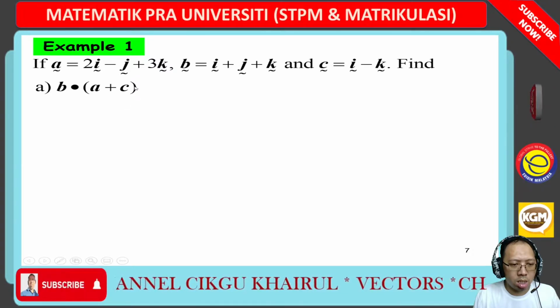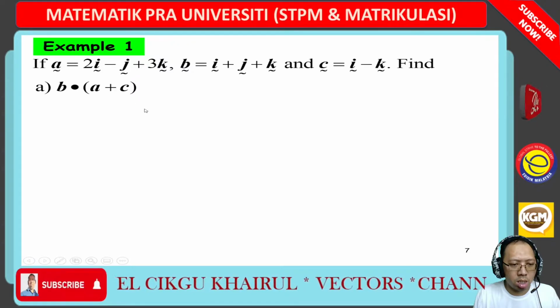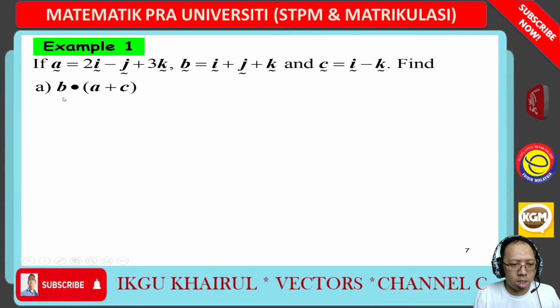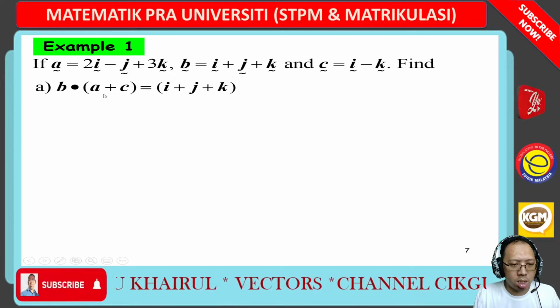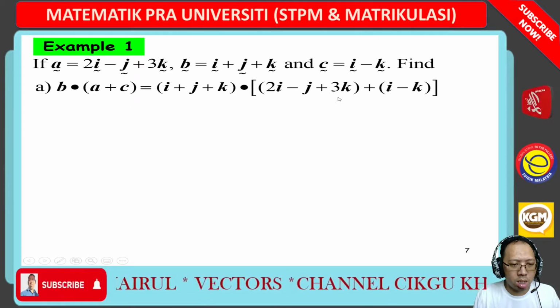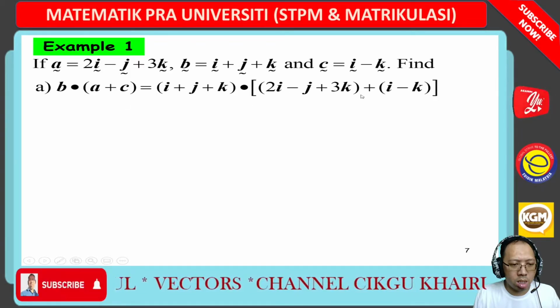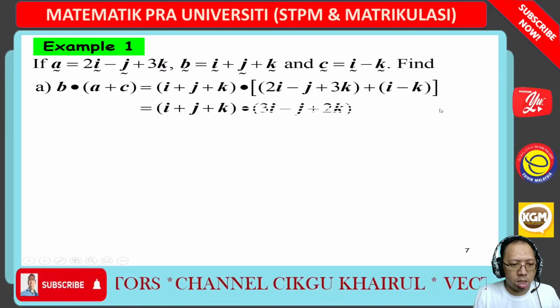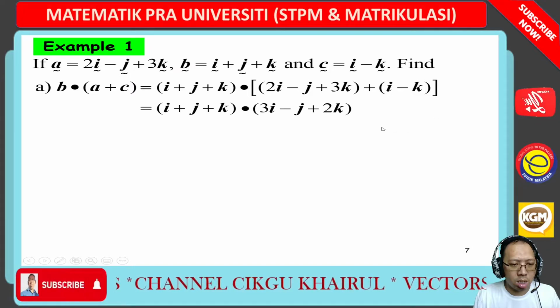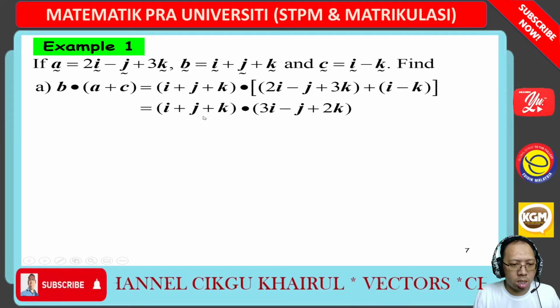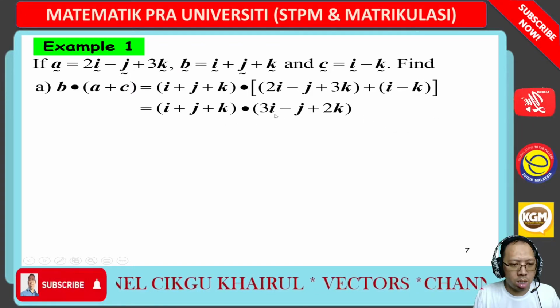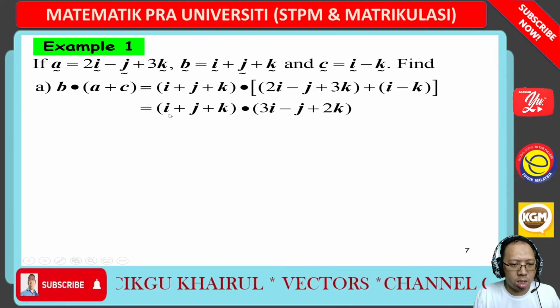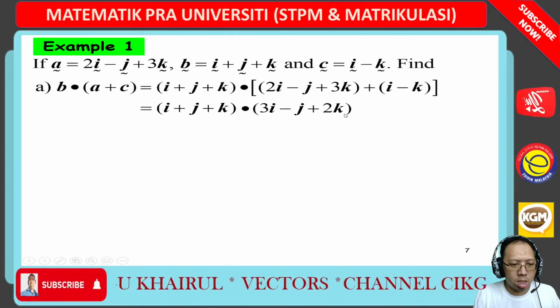First we simplify a plus c. Vector b is i plus j plus k, dot (a plus c), which is the addition of two vectors. Simplifying in this bracket, we get 3i minus j plus 2k. After simplifying, we do the dot product according to the same component, i with i, j with j, and k with k.